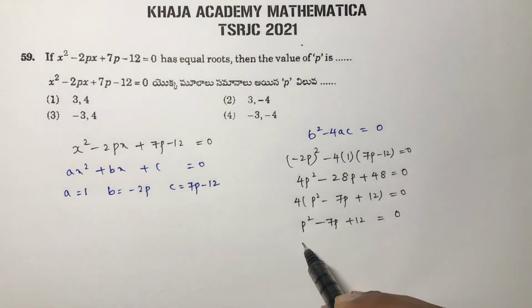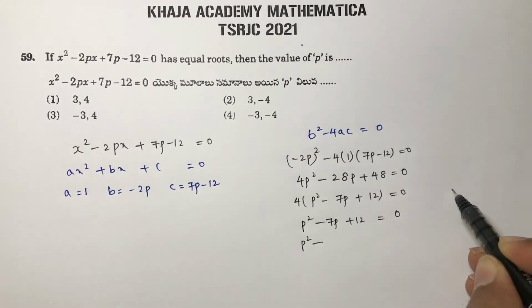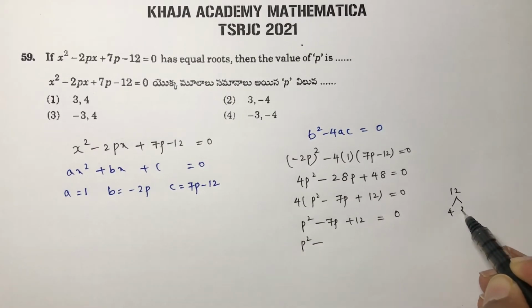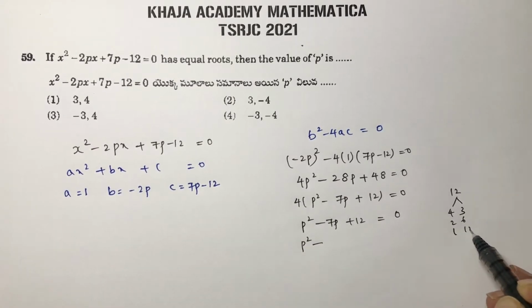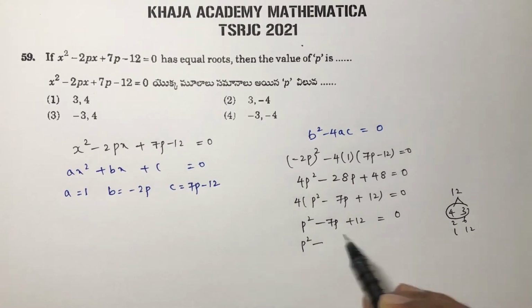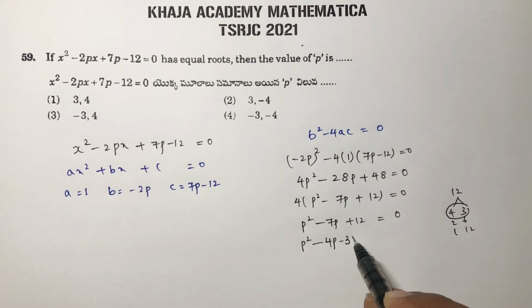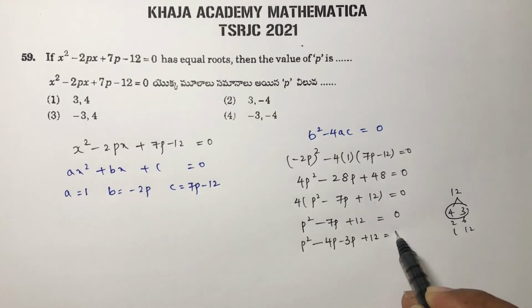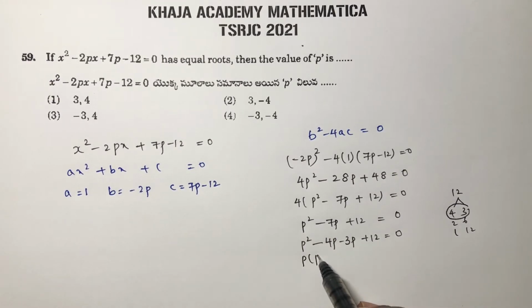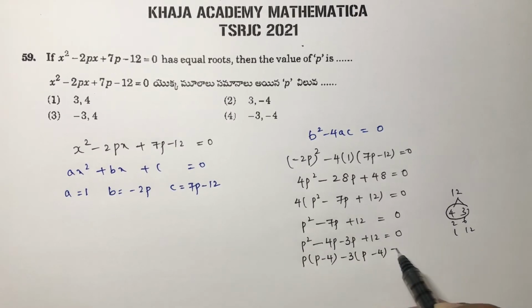Now if we factorize this, the factors of 12 are 4 into 3, 2 into 6, 1 into 12. I'll take 4 and 3 because 4 plus 3 is 7. Minus 4 minus 3. So p square minus 4p minus 3p plus 12 equals 0. If we take p common, p minus 4, minus 3 into p minus 4.